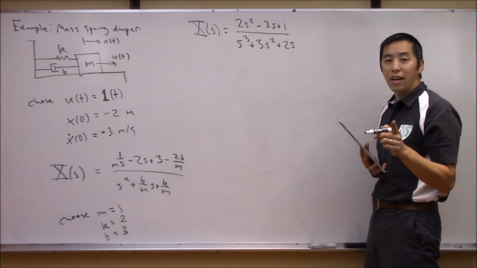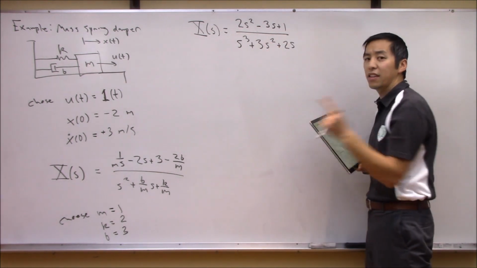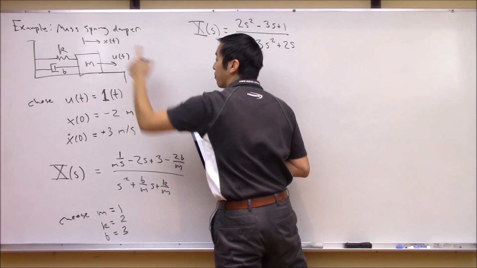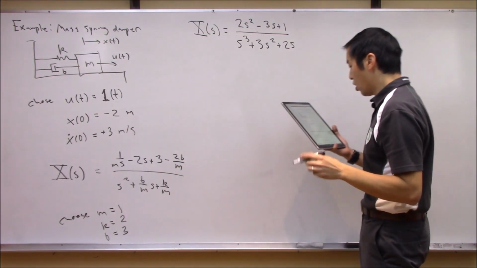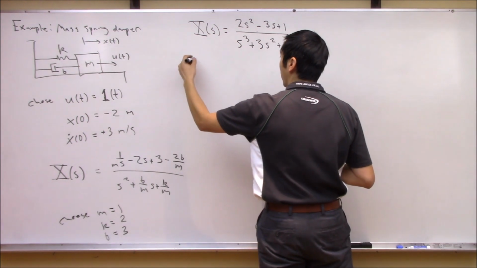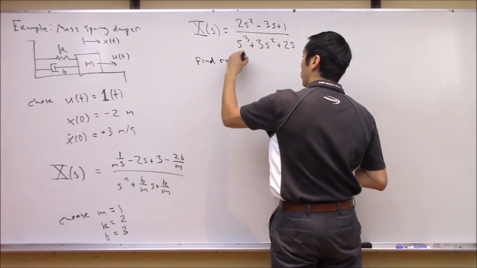Now, let's apply our techniques of the partial fraction expansion and the inverse Laplace transform to get this into the time domain, because I want to know what is x(t), where is the block at any given time. First thing we've got to do, if you remember from partial fraction expansion, is find the roots, or the poles.